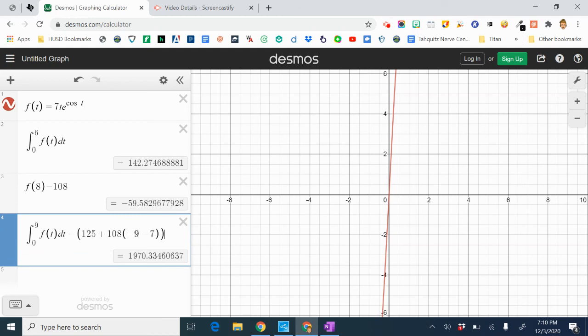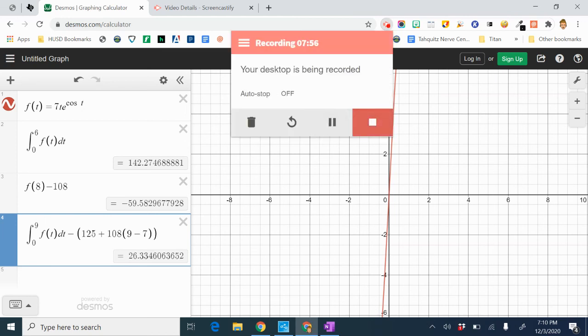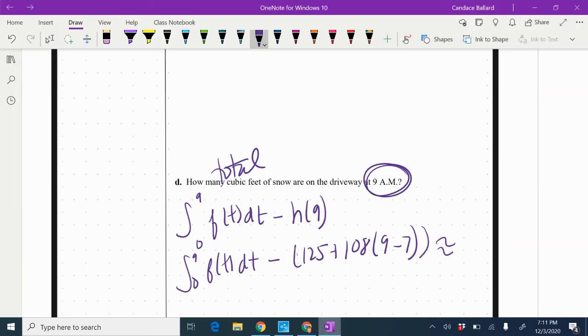I could do that in my head if I wanted to. Something did not go right there. All right, I figured out what I did wrong. I had a negative 9 in there that I accidentally typed, so it should be this: 26.334 feet cubed. So we would say it's 26.334 feet cubed.